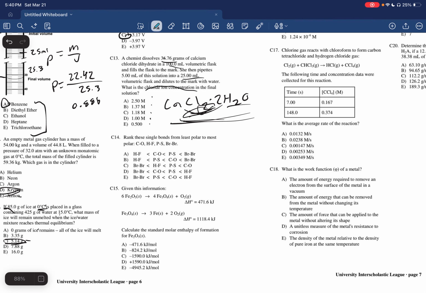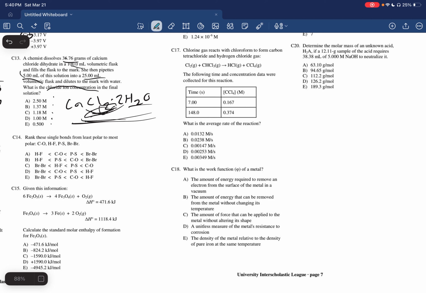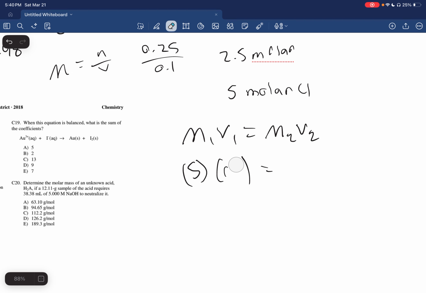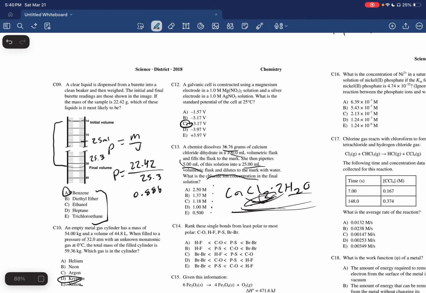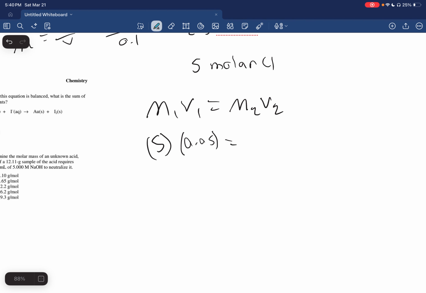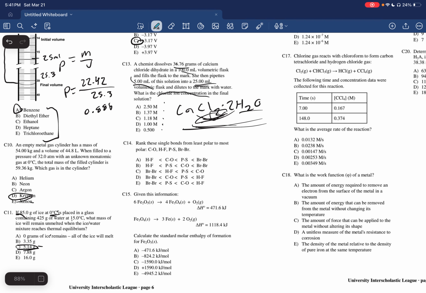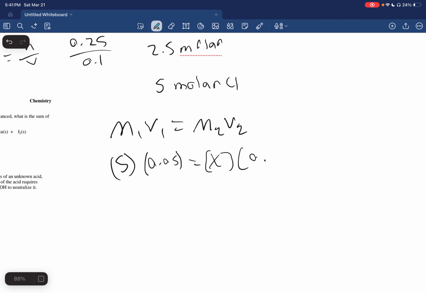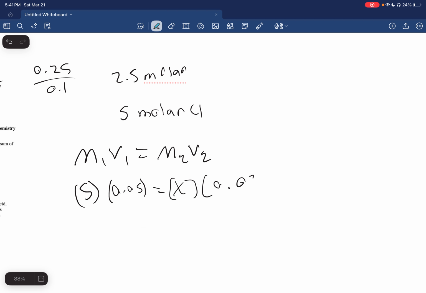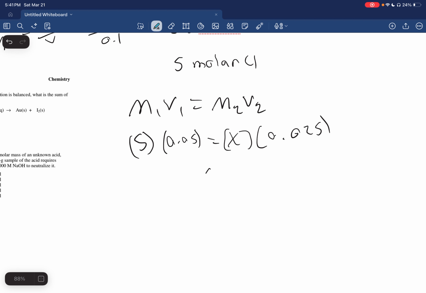Oh, no, I'm sorry. She pipetted 5 milliliters of that into here. So this is 0.05. Oops. And that equals x times 0.025. And when we solve for x, we will get this.